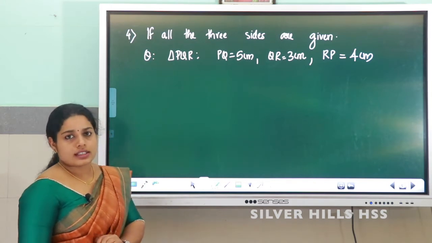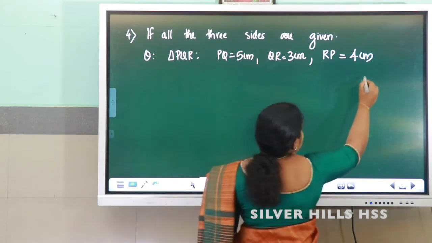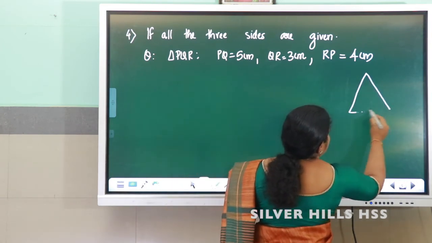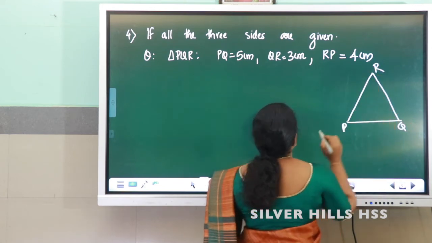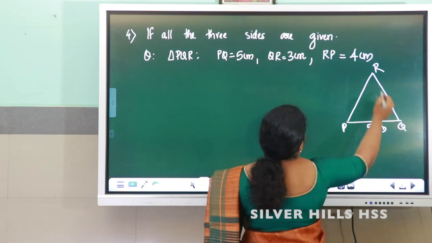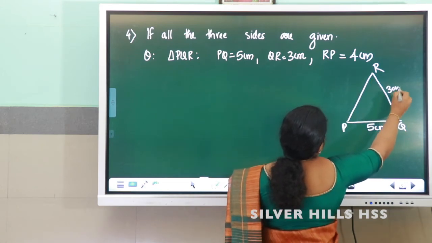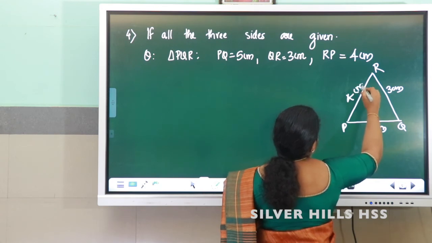If all the three sides are given, we have a triangle PQR, where PQ is 5 centimeter, QR is 3 centimeter and RP or PR is 4 centimeter.